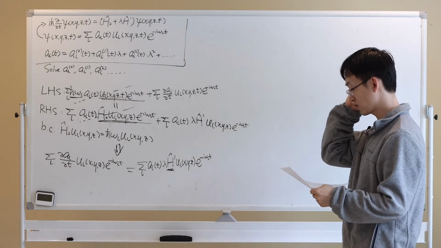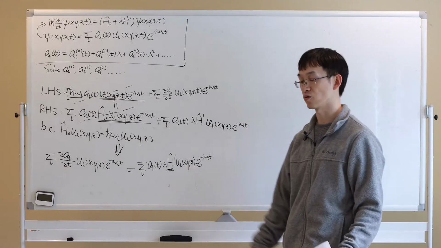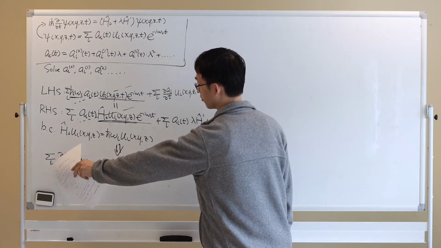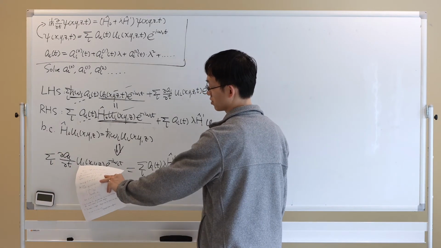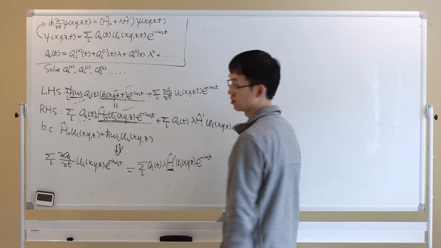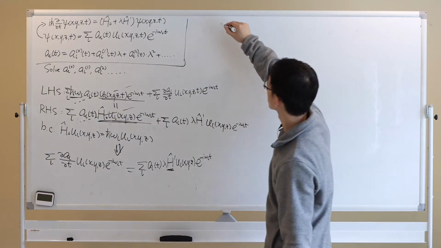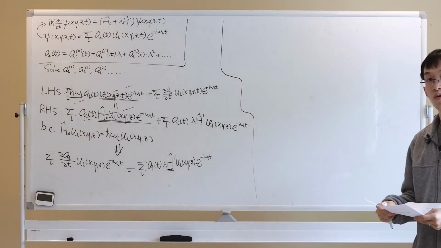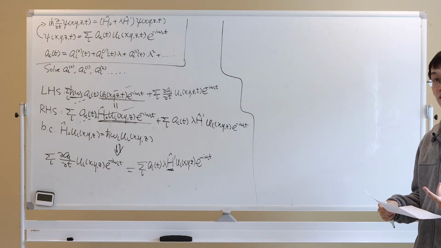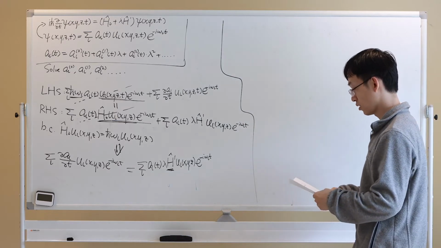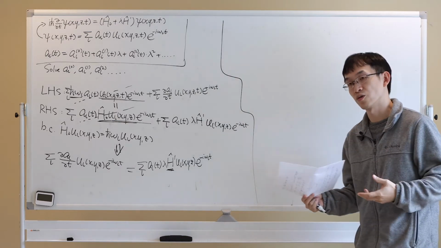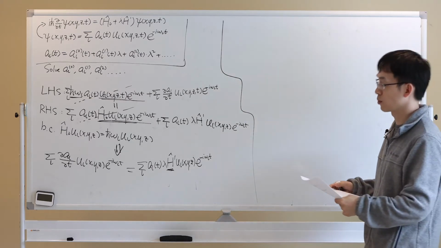Now, to simplify this equation, whenever you see a sum over L and the sum has eigenstates in it, what you need to do is to use the orthonormal condition of eigenstates, or eigenfunctions. This is true actually for general differential equations, and especially true in quantum mechanics.